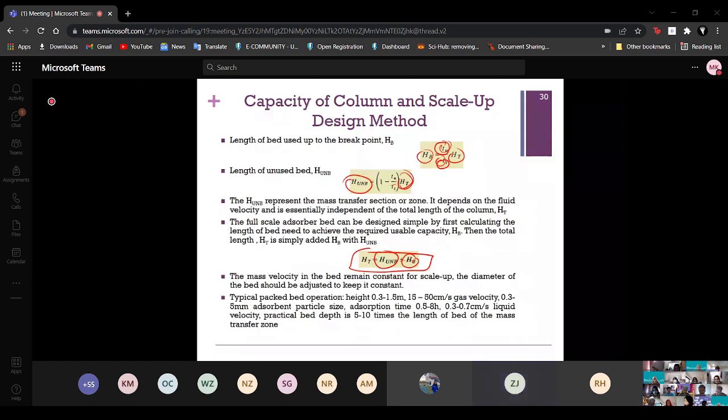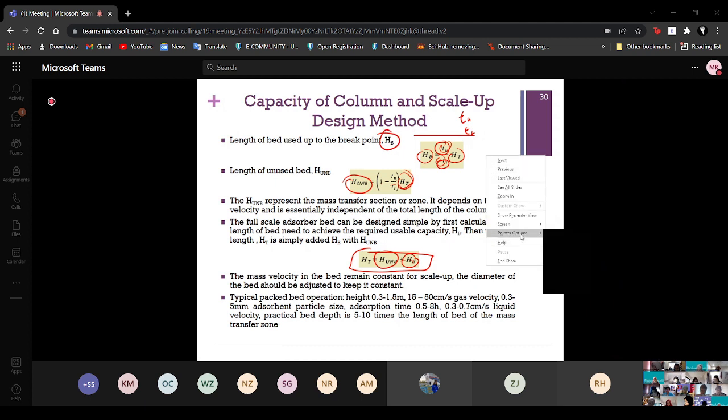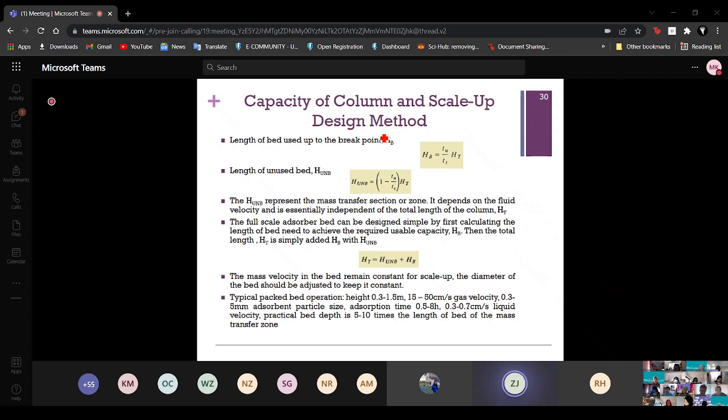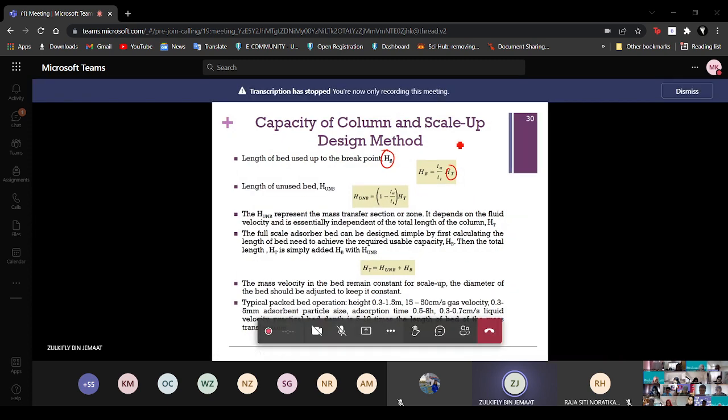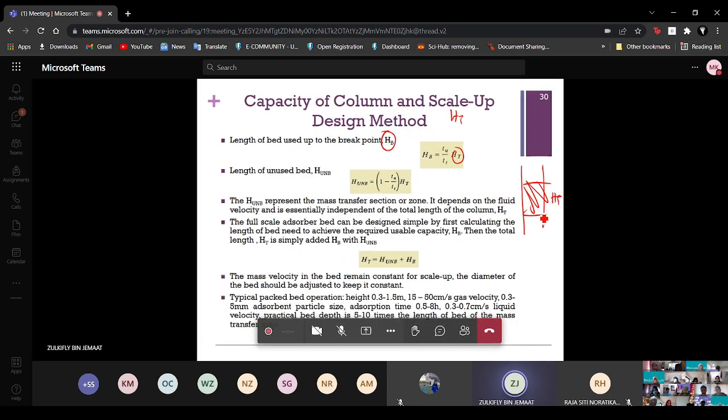Alright, so once you already know how to, you already find the TU and TT. So now it's very easy to use in this equation. Alright. To find the HB, so HB equal to TU divided by TT times dengan HT. Okay, kebanyakan dalam equation ni, if you look in this equation, you already know what is your HT, the total height. And then you fix what is your total height. And then now you want to know what is your zone of HU and B and what is your zone of HB.